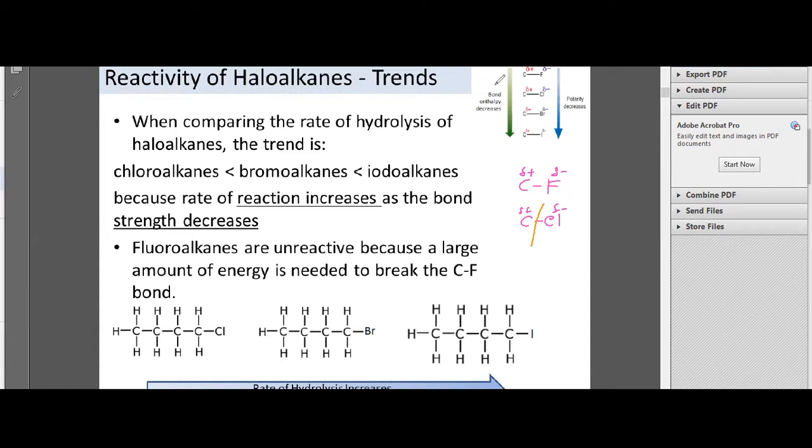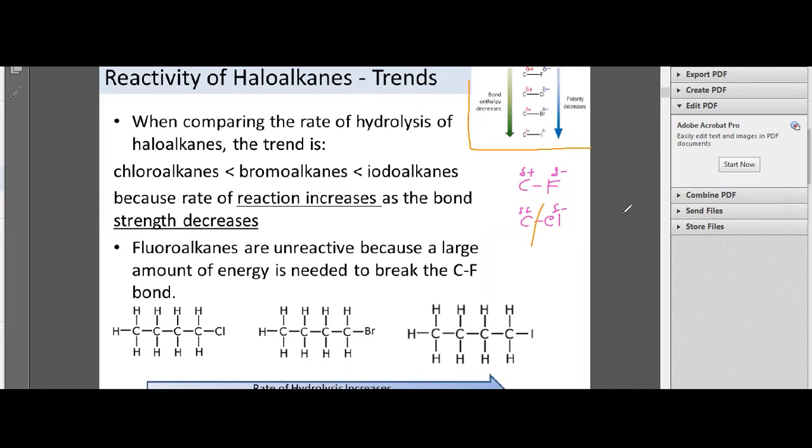So you can see at the small picture here. Look here. Then as the group goes down, the bond energy also decreases. Once again, the bond energy is the energy needed to break a covalent bond.